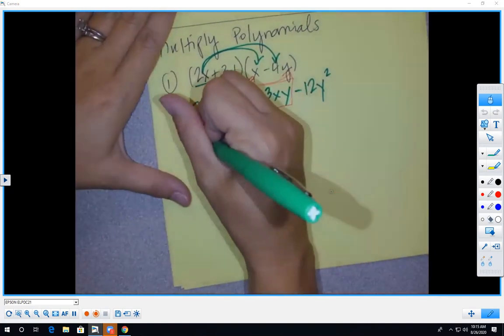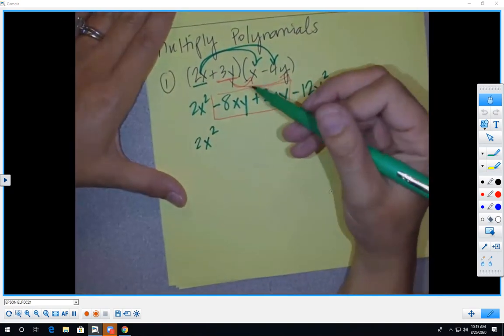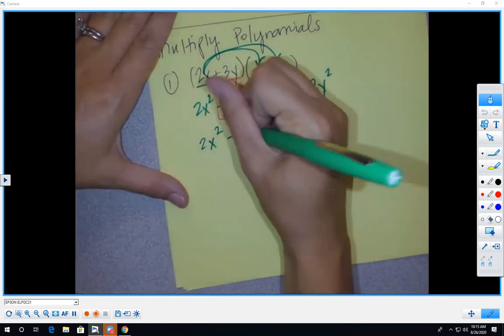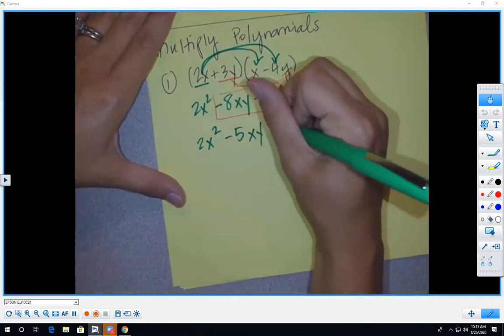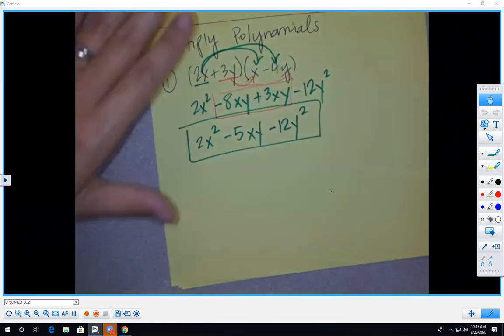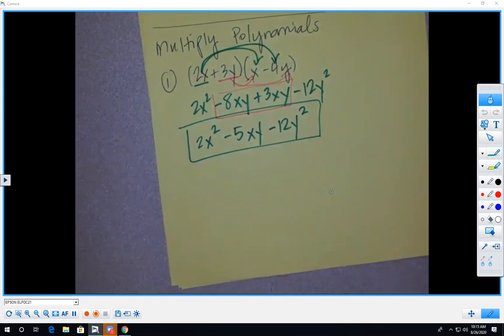So my answer is going to be 2x squared, negative 8xy and 3xy is negative 5xy, minus 12y squared. And that's your answer. Questions about that?